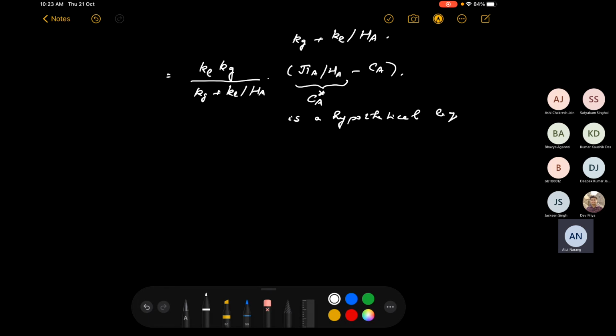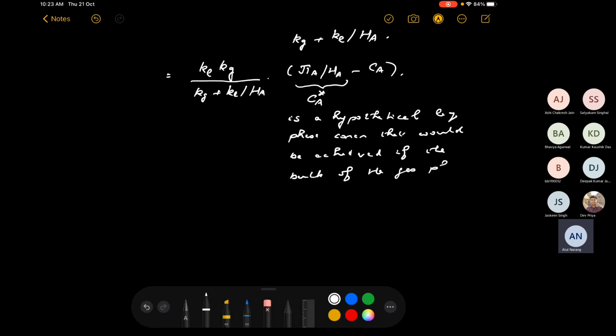liquid phase concentration that would be achieved if the bulk of the gas phase were allowed to equilibrate with the liquid phase.